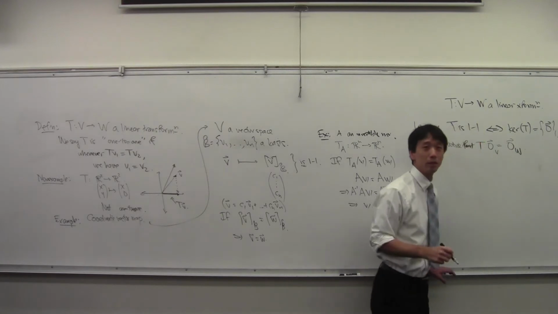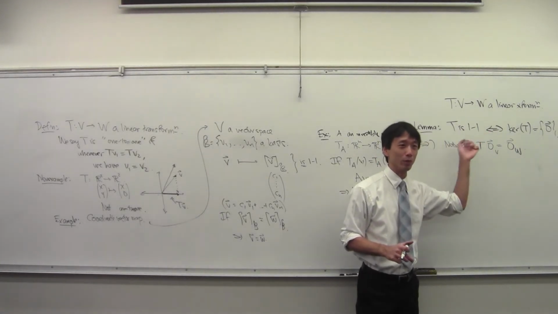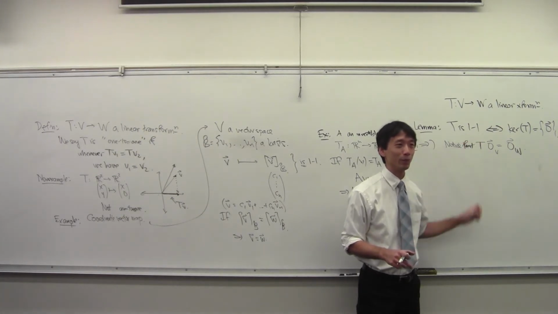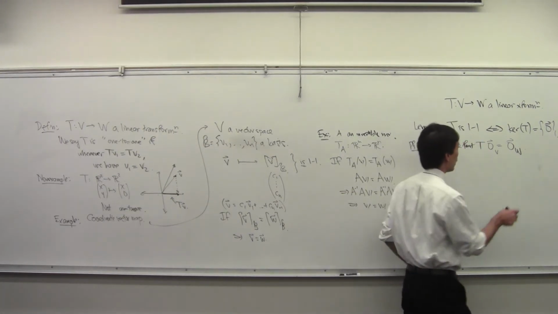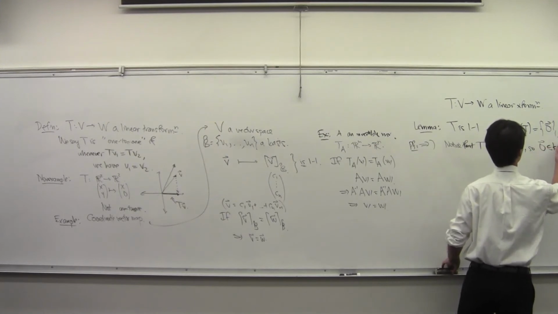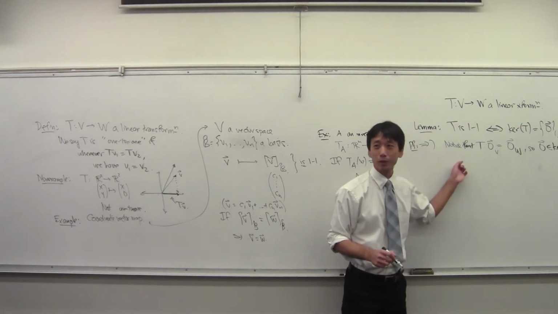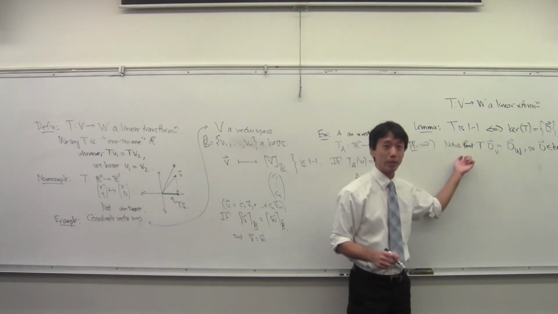That's just because we have a linear transformation. Remember, that was the first of the boring properties that we proved the other day. So we know that 0 is in the kernel. Now we have to show that 0 is the only thing in the kernel. Well, why is it the only thing in the kernel?